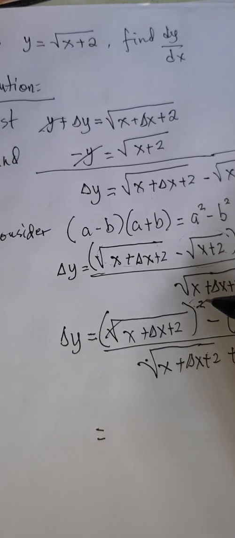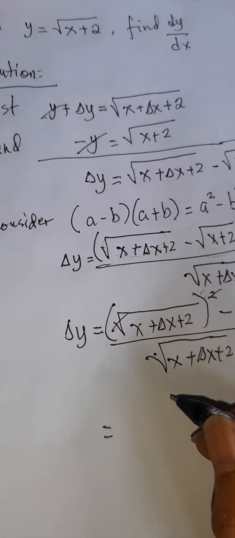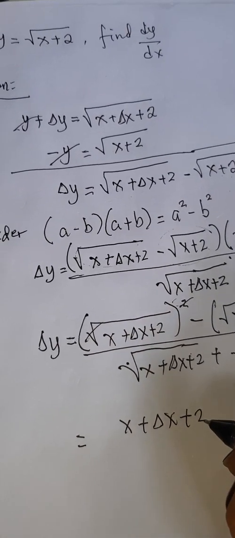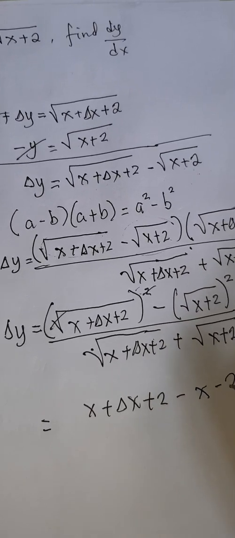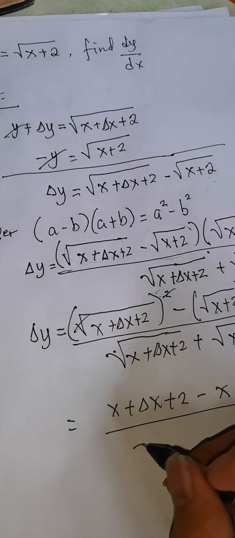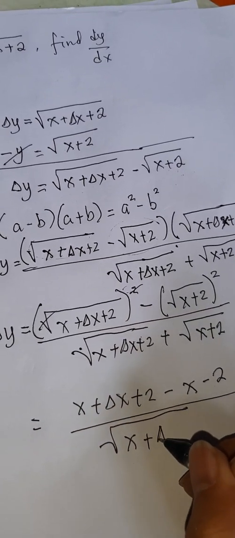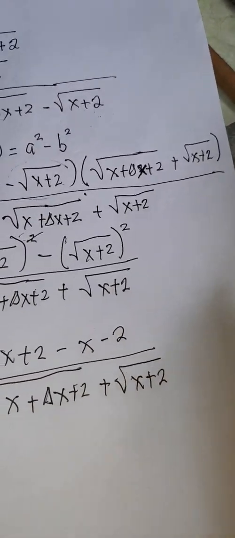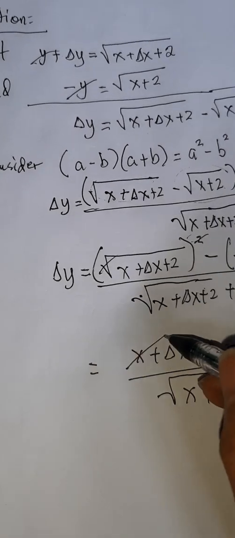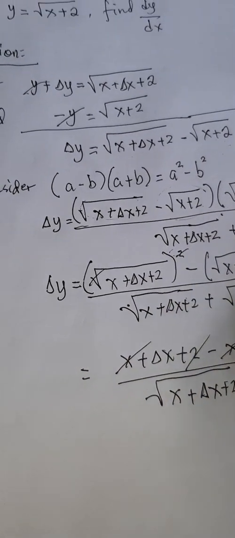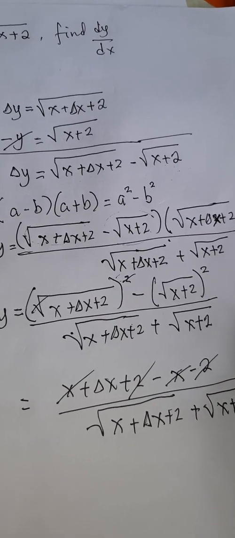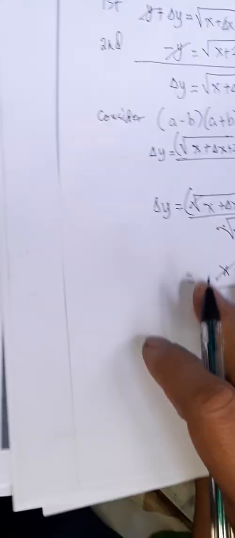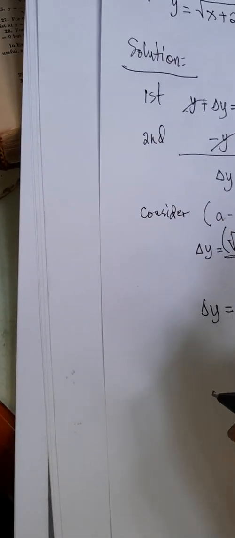Pwede na i-cancel yung radical sign dahil naka-square ng square root ay magka-cancel lang yan, kaya matitira is x plus delta x plus 2 minus x minus 2 divided by square root of x plus delta x plus 2 plus square root of x plus 2. Kaya pwede na natin cancel ngayon yung x minus x, then 2 minus 2. Matitira is positive delta x over yung nasa ilalim na ito. Ito yung delta y.